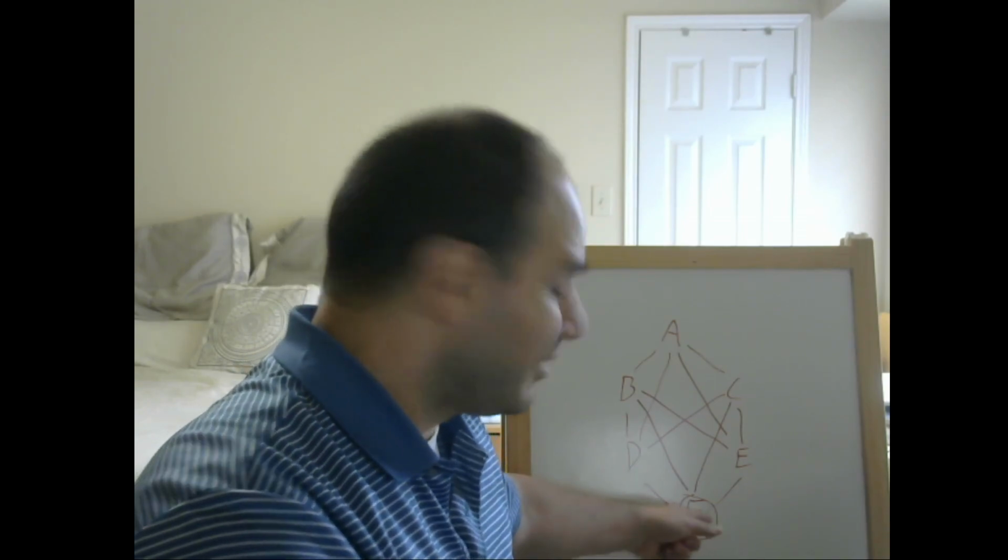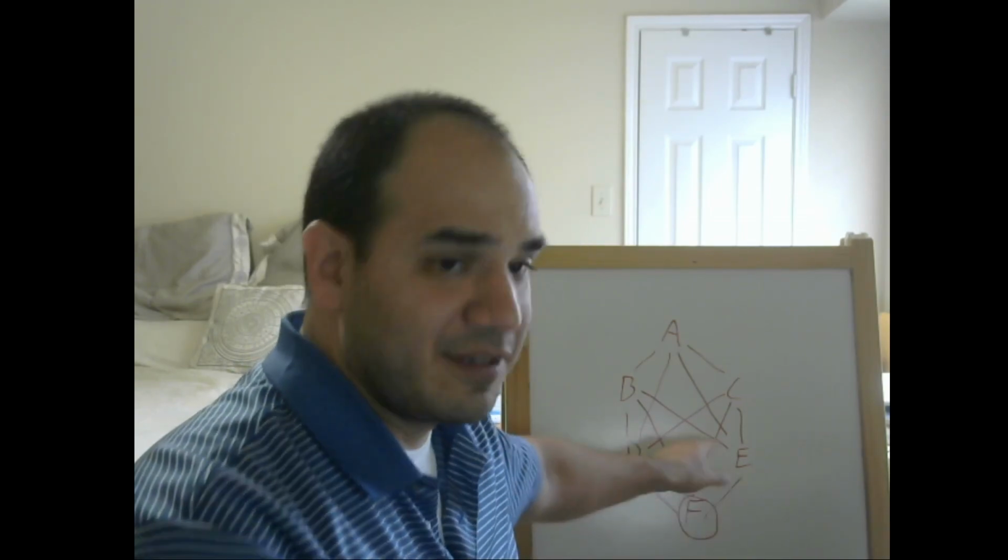So we're traversing, and we can only branch out from F wherever there's an edge.